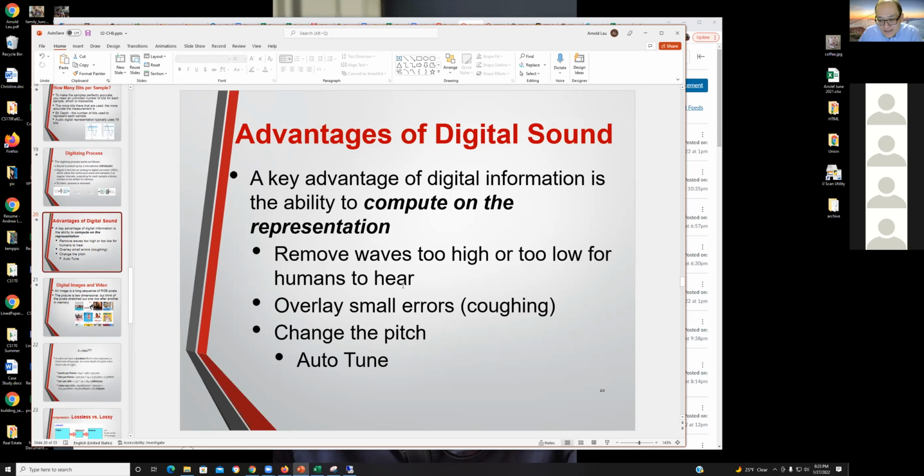It removes waves that are too high or too low for humans to hear. I don't know if that's an advantage or not, since you can't hear it anyway, but you can do that, and maybe it saves a little bit of space. But again, the point here is you can apply formulas to change the sound to come up with different effects, in a similar way to what we were just doing with pictures.